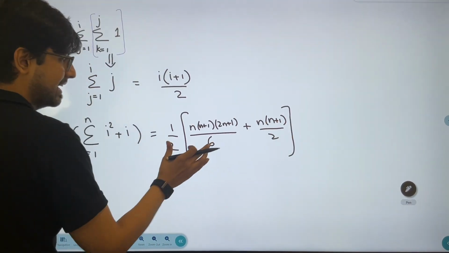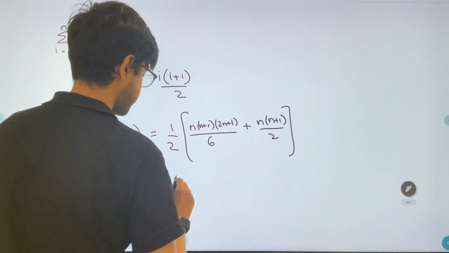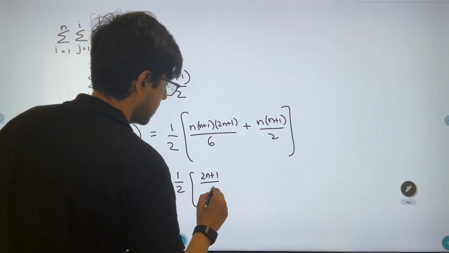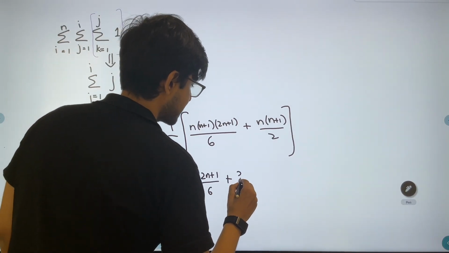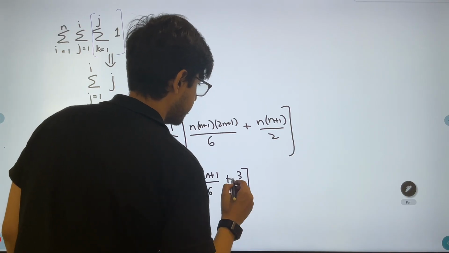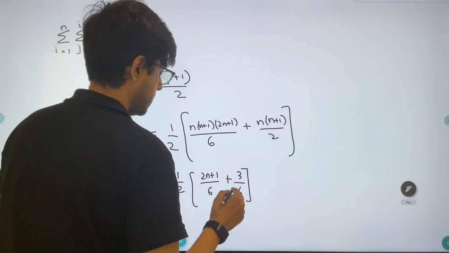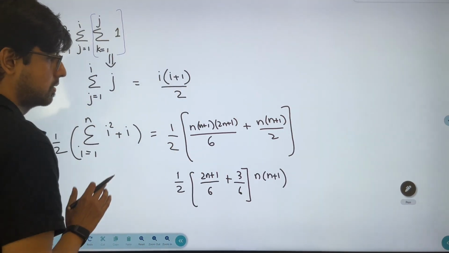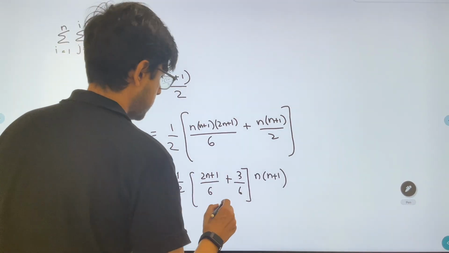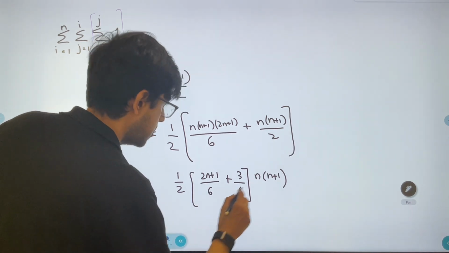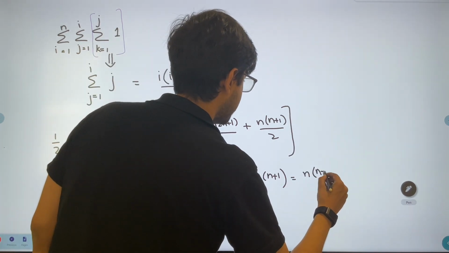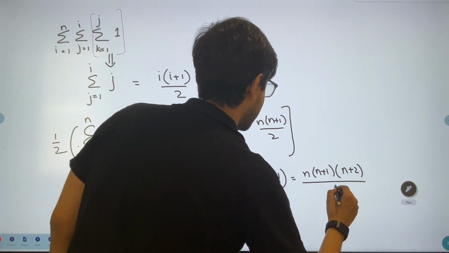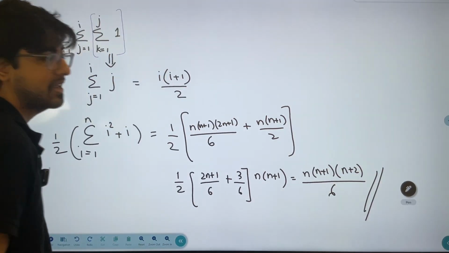And again, if I take n into n plus 1 by 2 common, I will get this as half into 2n plus 1 by 6 plus 3 by 6 into n plus 1, which is equal to n into n plus 1 into n plus 2 by 6, and that is my answer.